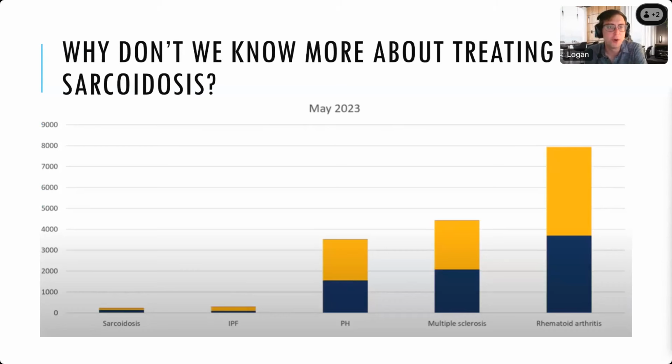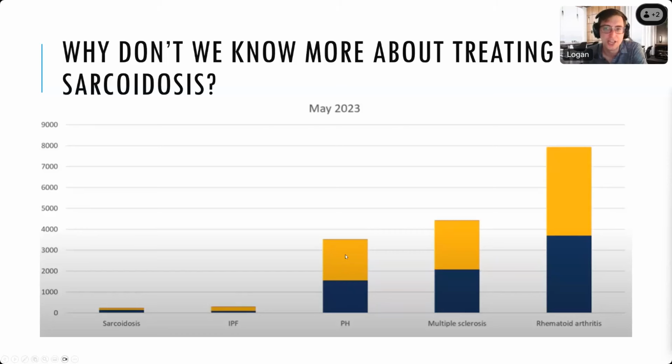So first, I wanted to talk about why we don't have all the drugs that they have for other diseases. This is a slide looking at the number of trials for drugs in various diseases, as of May of 2023. You can see rheumatoid arthritis has multiple drugs that have been tested.